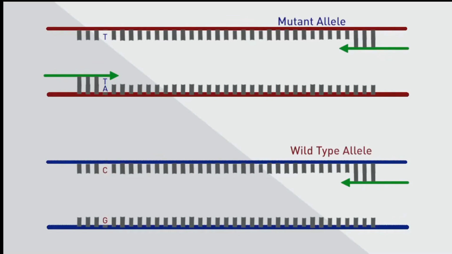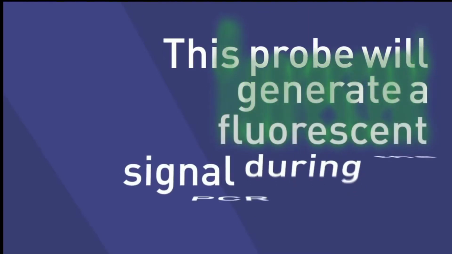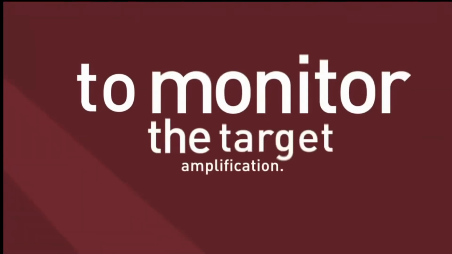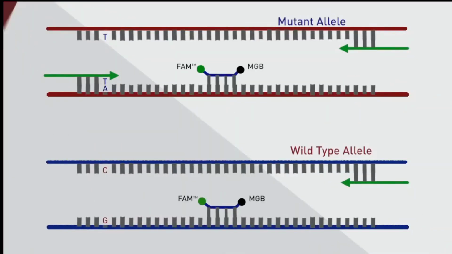A locus-specific TaqMan probe is designed to bind to the target gene between the primers. This will also bind to both mutant and wild-type allele containing DNA. This probe will generate a fluorescent signal during the PCR reaction to monitor the target amplification.